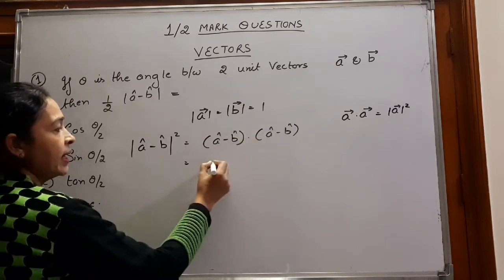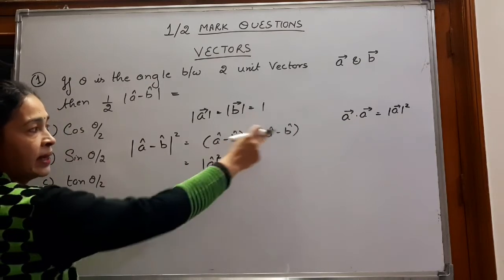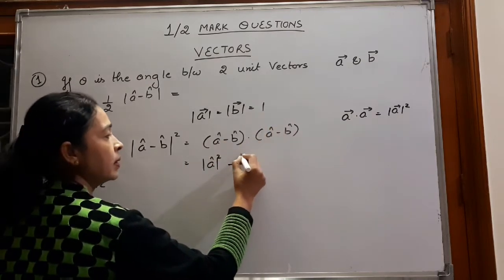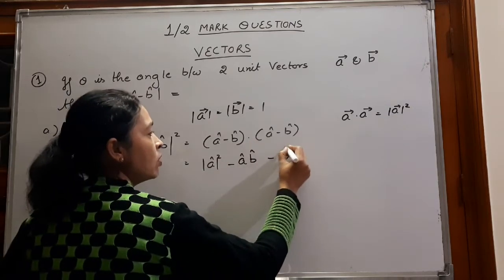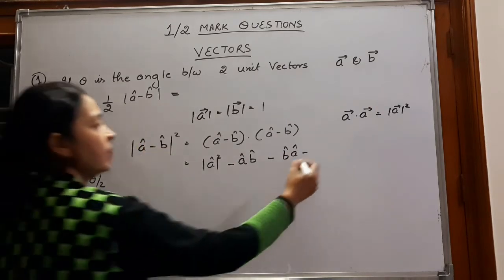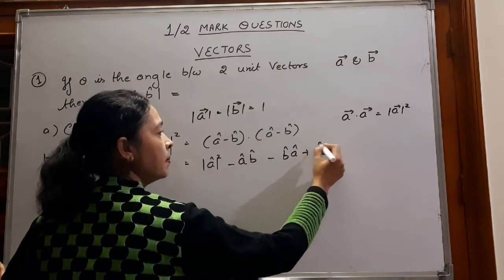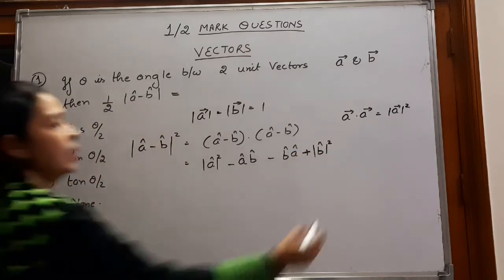Vector A dot vector A, unit vector A magnitude whole square, minus vector A dot vector B, minus vector B dot vector A, minus and minus plus, vector B dot vector B, unit vector B magnitude whole square.